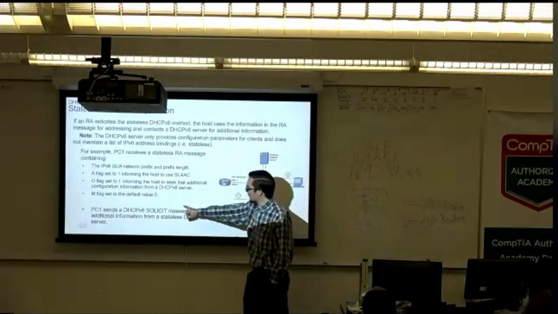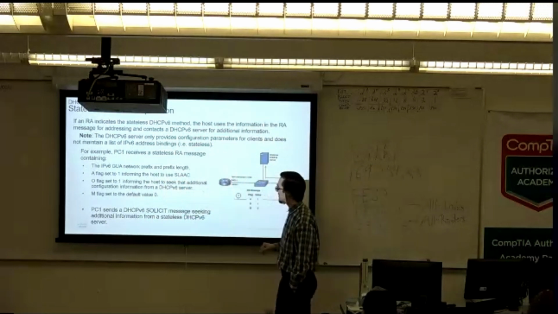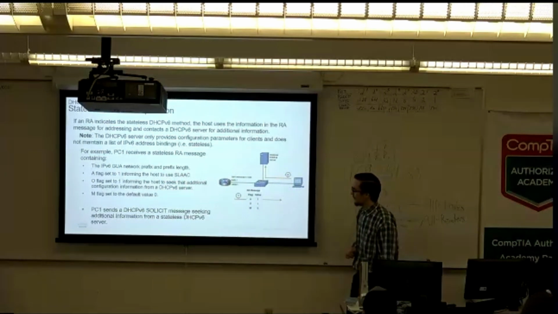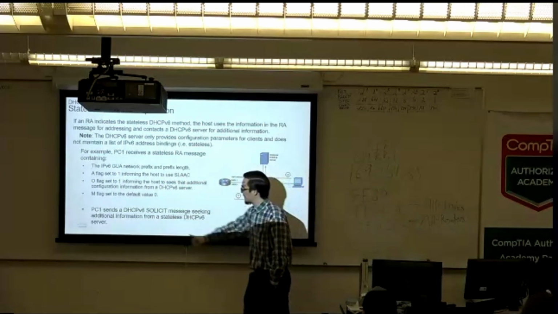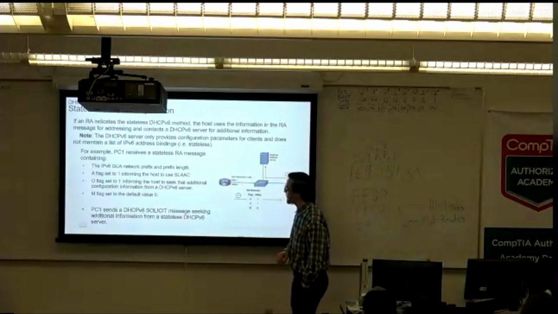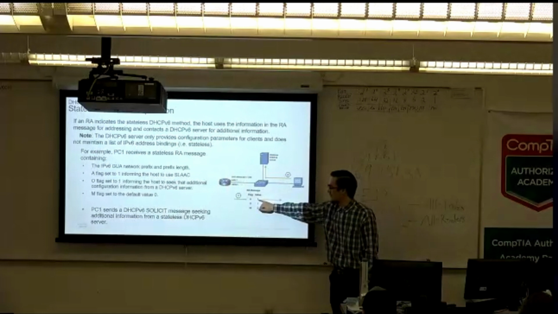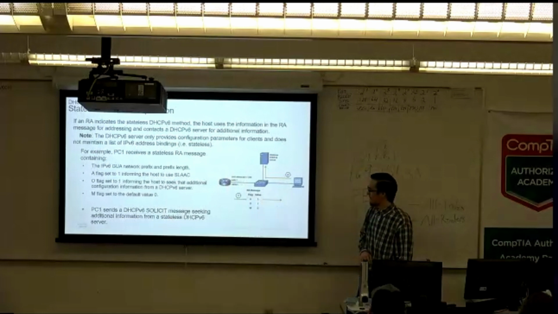And then it seeks other information from the DHCPv6 server. But the M flag is still 0 because we took care of the IP addressing with the A flag. So only A or O will be 1. I believe so.